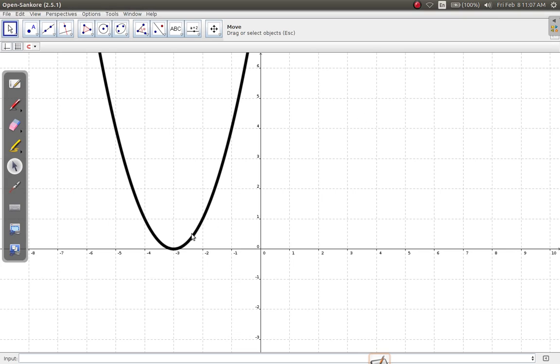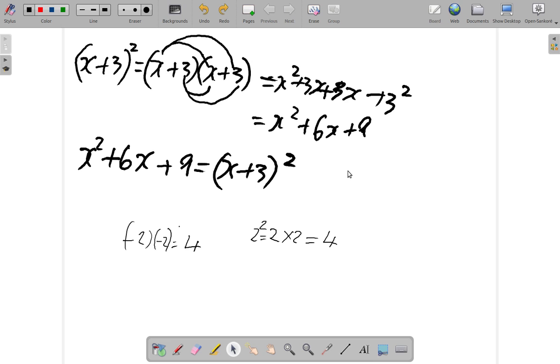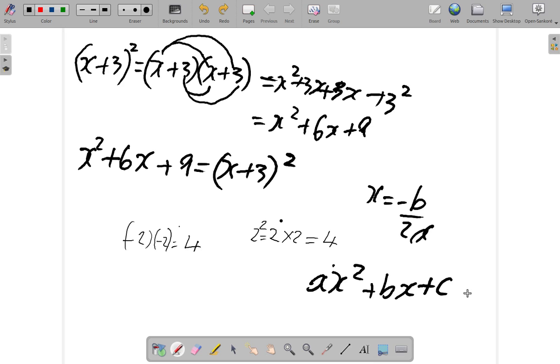If you look at this graph, this line here that passes through -3 is called the axis of symmetry, and generally the equation of the axis of symmetry is written as x equals -b over 2a, when you have the function in the form ax squared plus bx plus c.